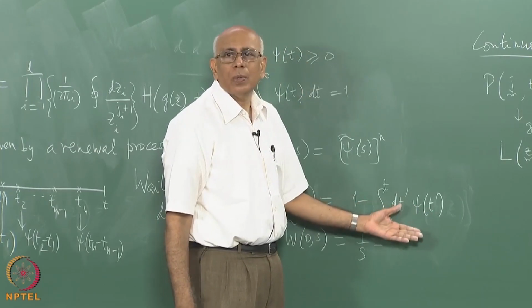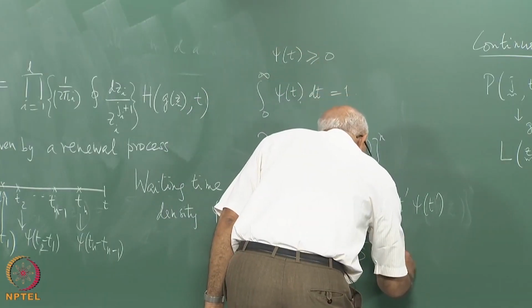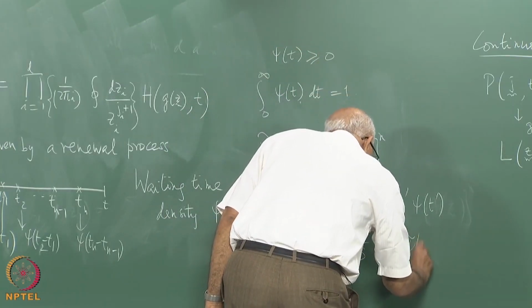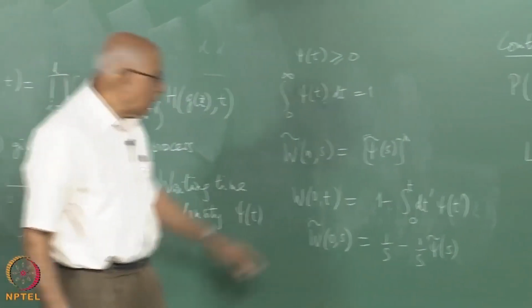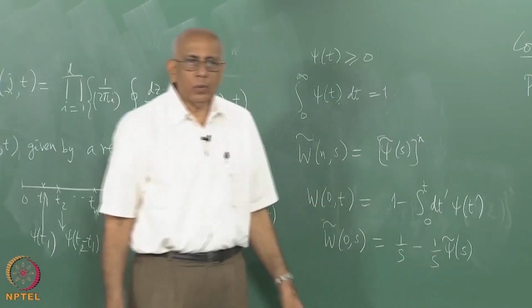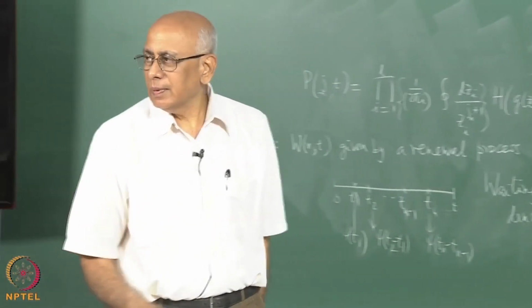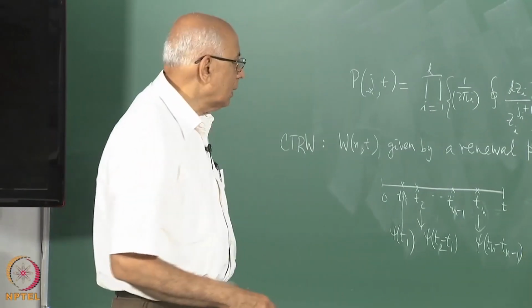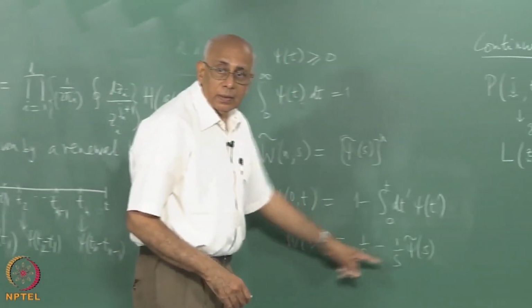So it is 1 over s times psi tilde of s. The Laplace transform of this integral is psi tilde of s over s. When you differentiate you multiply by s, when you integrate you divide by s. So this in fact is the correct answer.